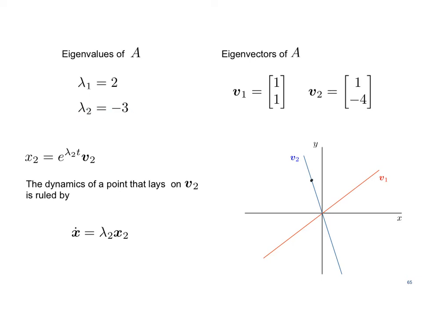It's gonna have an attractive behavior over this eigendirection. And then we have this. So if you happen to have a point exactly on this line, then eventually you will approach the center asymptotically.